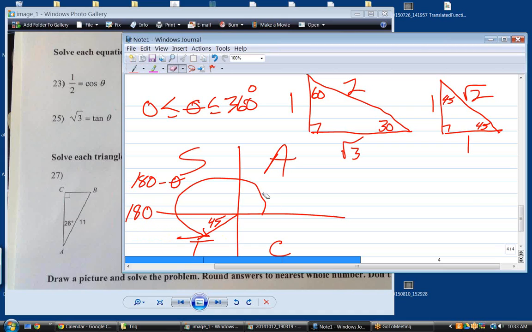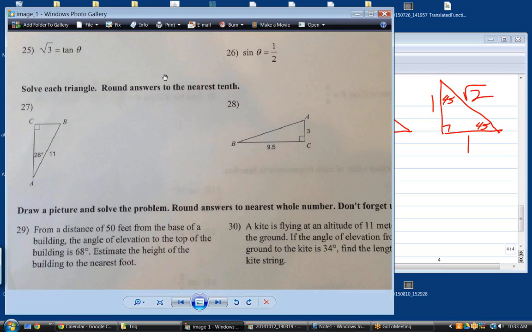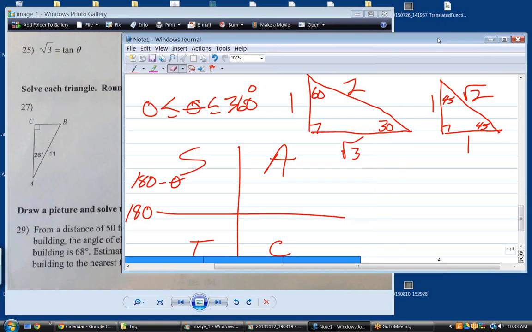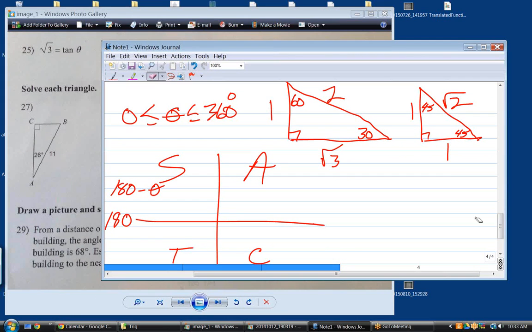Right. All right. This is actually a much better exercise when you're doing all 4 quadrants. What about this one? 25.